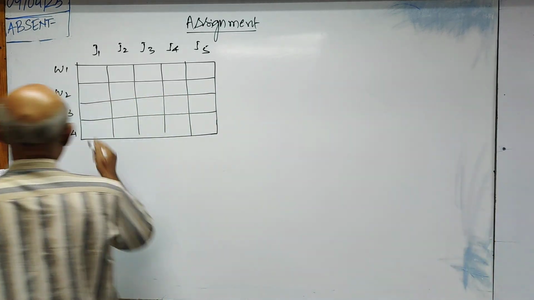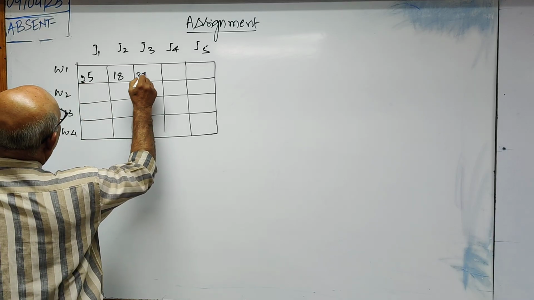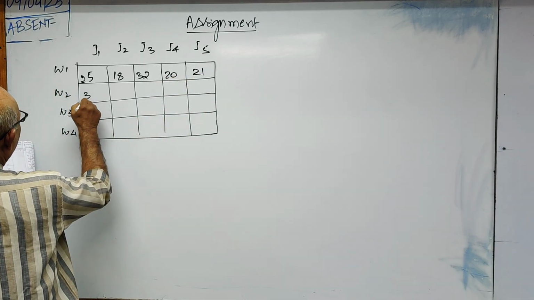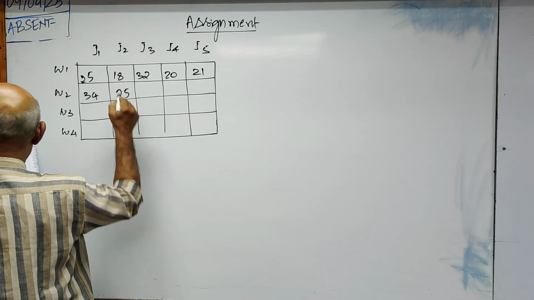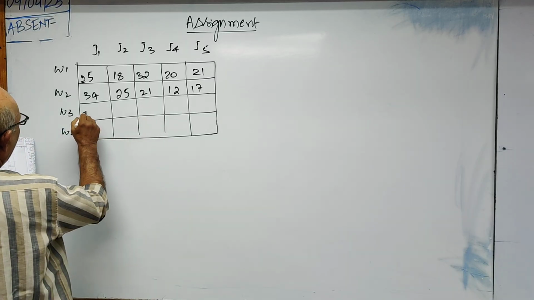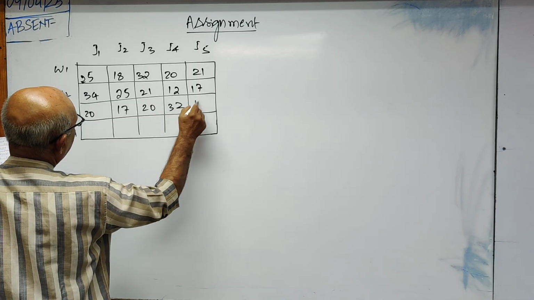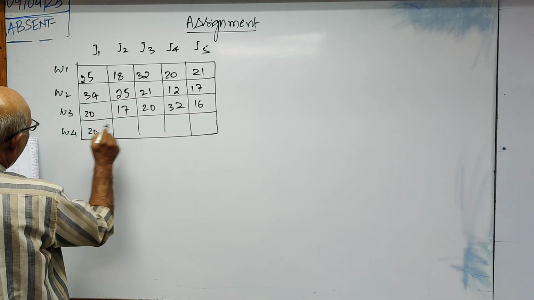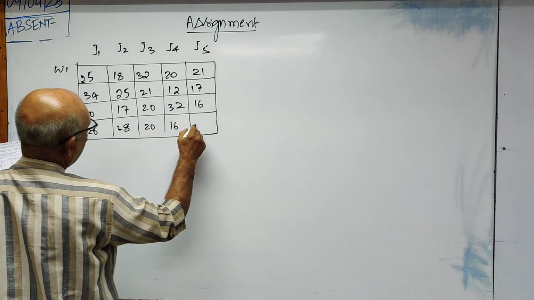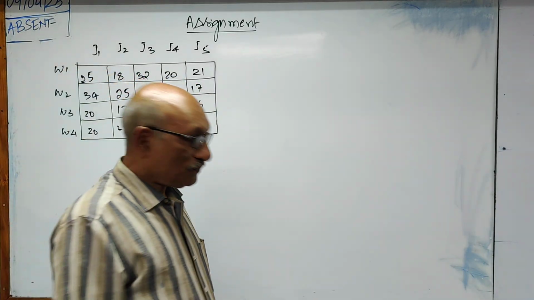Let us see the assignment cost here. 25 rupees, 18 rupees, 32 rupees, 20 rupees and 21, 34, 25, 21, 12, 17, 20, 17, 20, 32, 16, 20, 28, 20, 16, 27. This is the given problem for us.